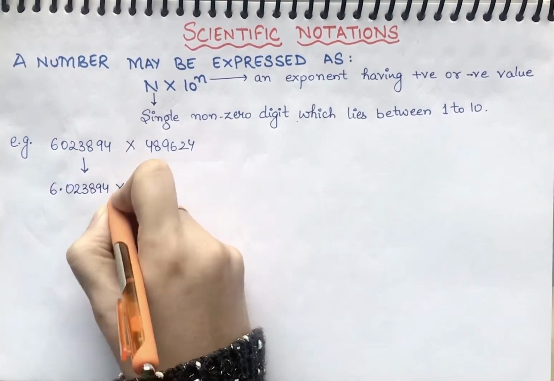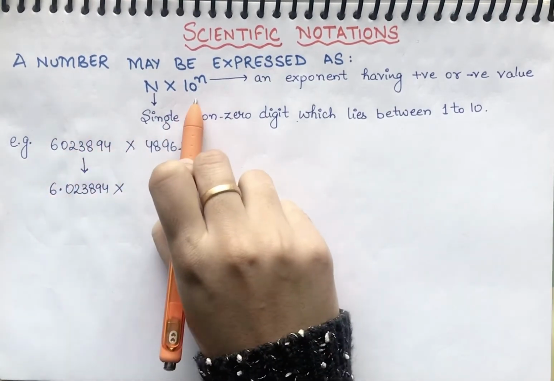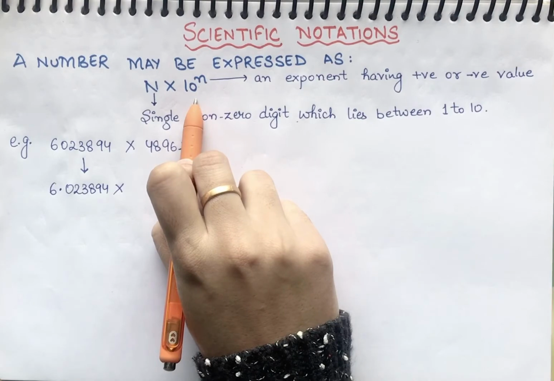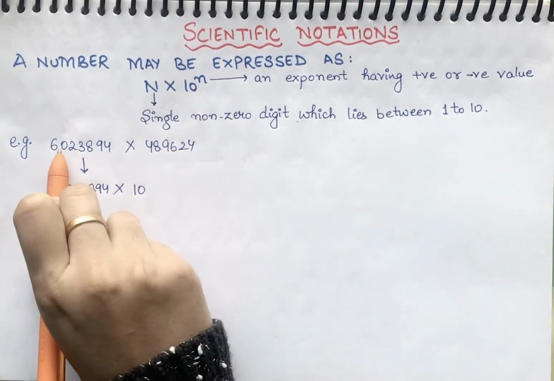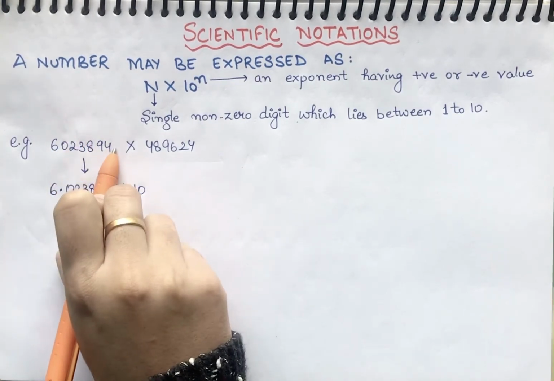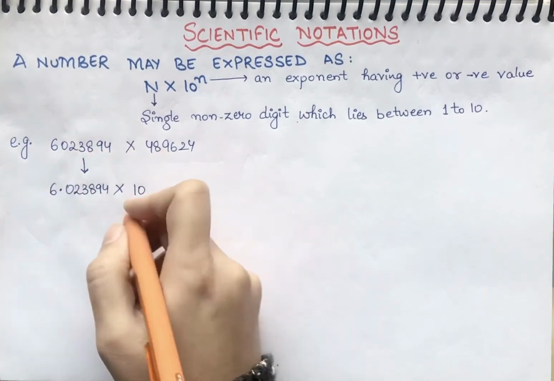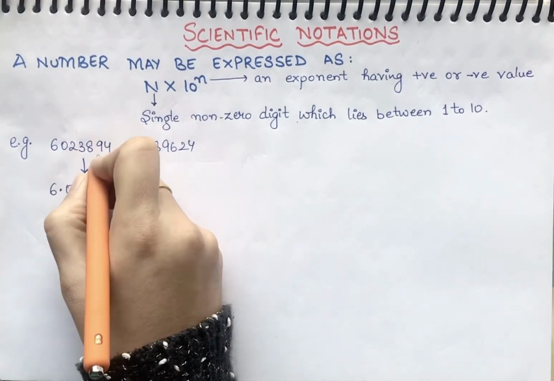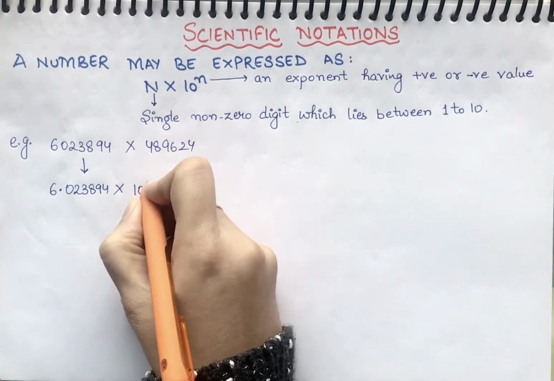And the rest of the values you'll write in terms of 10 raised to power n. I have put my decimal over here, so the remaining numbers are 1 2 3 4 5 6. So these 6 numbers can be expressed in terms of 10 raised to power 6.